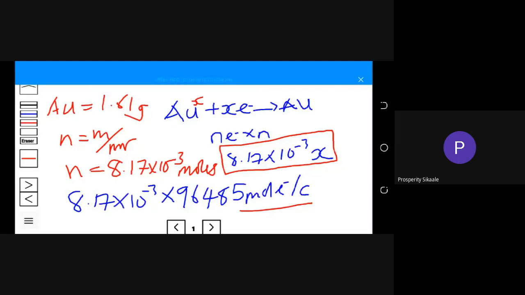When you multiply this, remember we had an x here. There is this x, which is supposed to be shown here. When you multiply this, it's giving me something like 771.9x. I don't know whether my calculator is right.